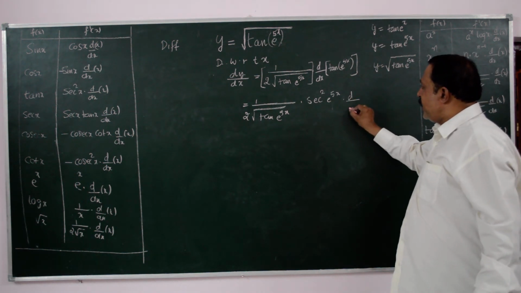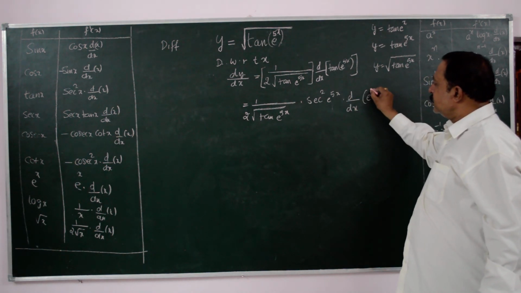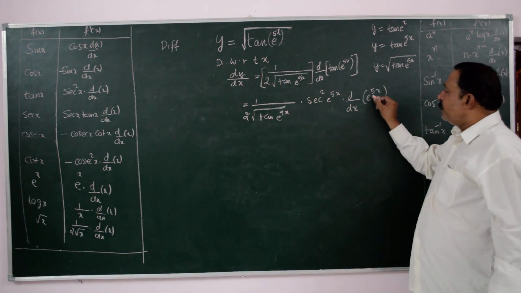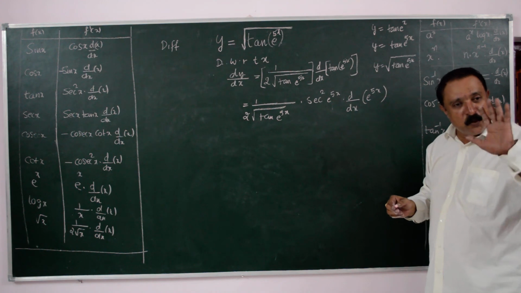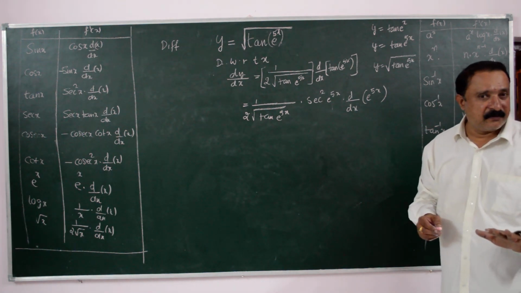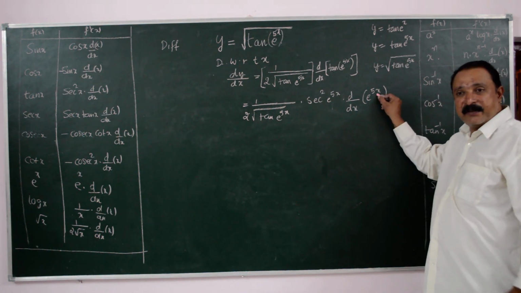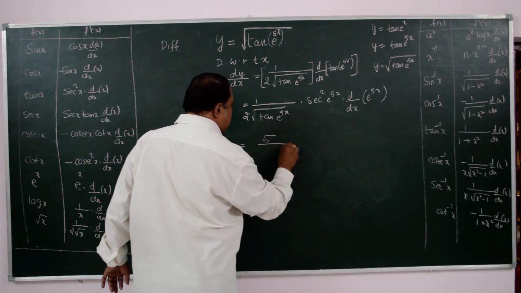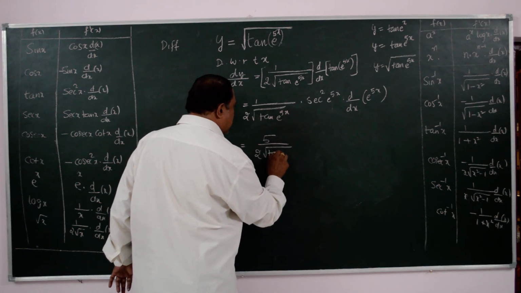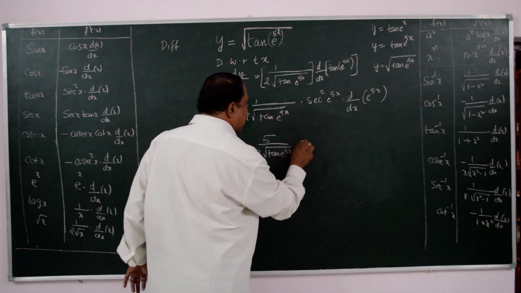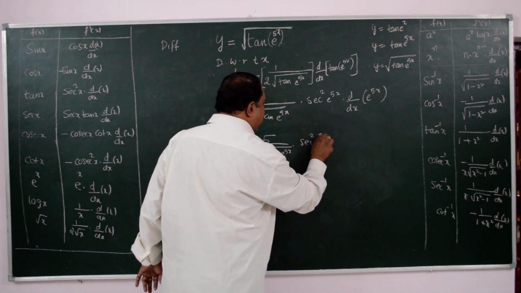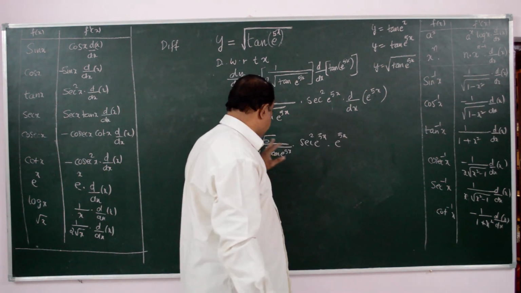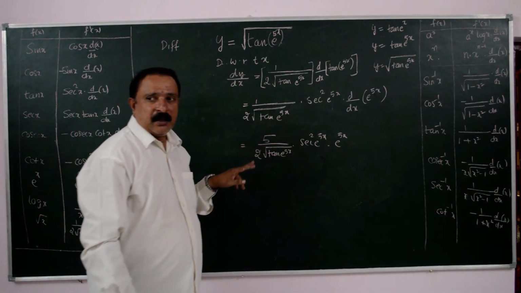That is into d by dx of e power 5x. Now e power 5x, when you differentiate, you get e power 5x into 5. Because d by dx of 5x is 5. So I write that as the final answer. This is 5 by 2 times of root of tan of e power 5x into secant square e power 5x into e power 5x into d by dx of 5x is 5, which I have written here. Understood?